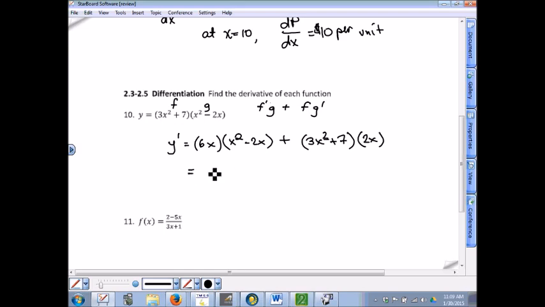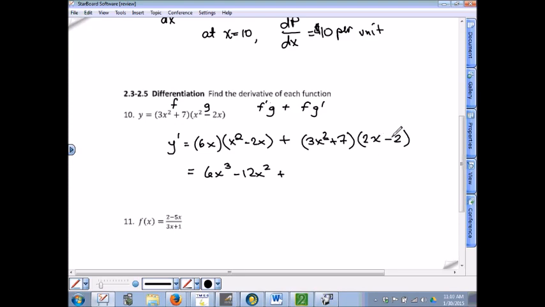Okay, and then simplify. Actually, I got this part wrong. Now I'm looking at it, the derivative of the g function is 2x minus 2.